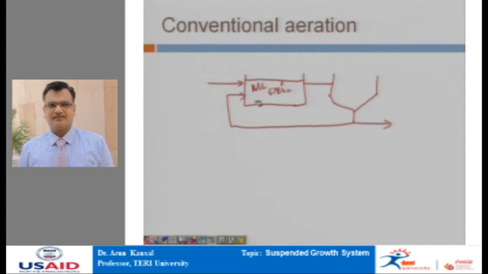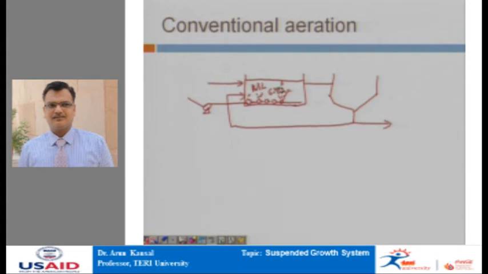A diffused aerator is the one which you have seen in fish aquariums, where there are diffusers attached which bubble the air, and these diffusers are connected to a compressor which sucks the atmospheric air and supplies it to these diffusers under pressure, so that the air comes into the system like a bubble and creates mixing.